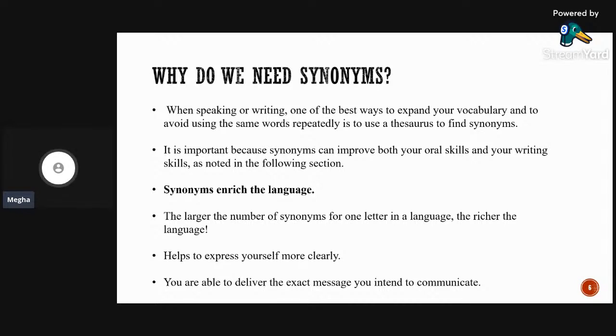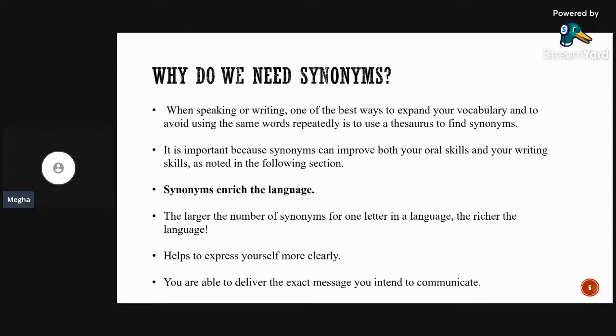For example, when you write an essay, if you use the same word again and again, people notice that. It doesn't make your essay more attractive, more colorful, or more meaningful. That is why using synonyms makes the best out of it.